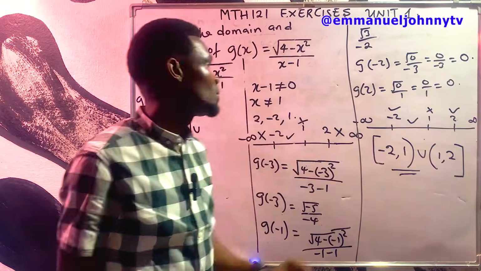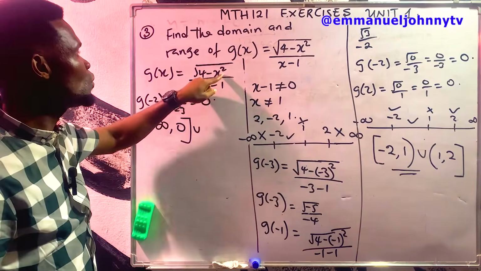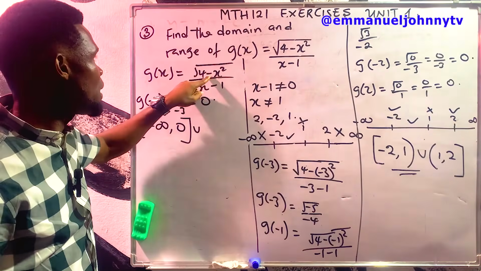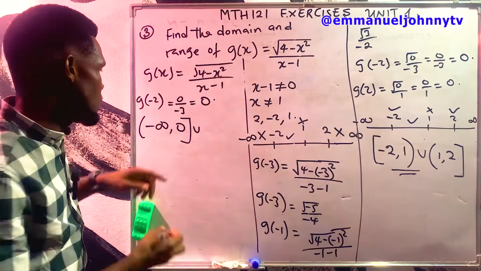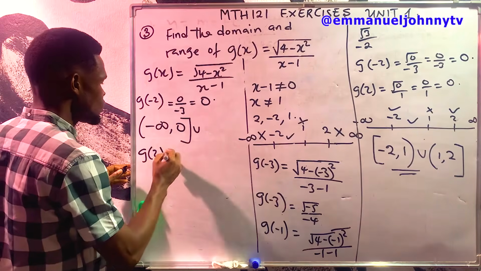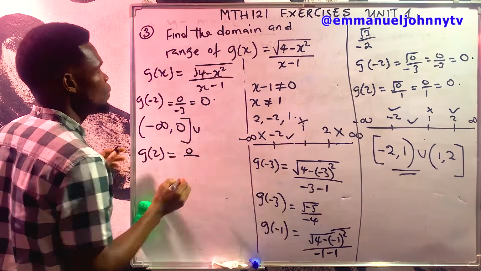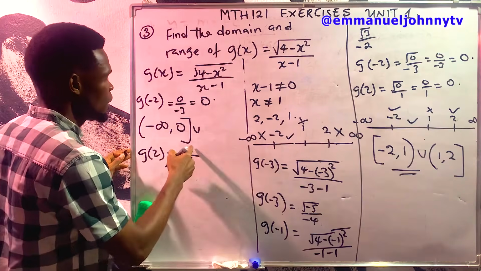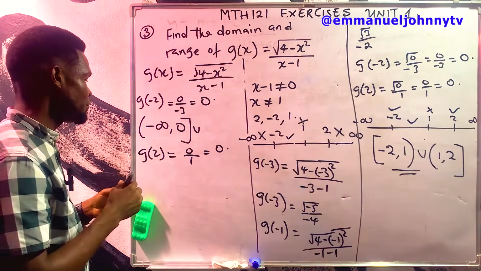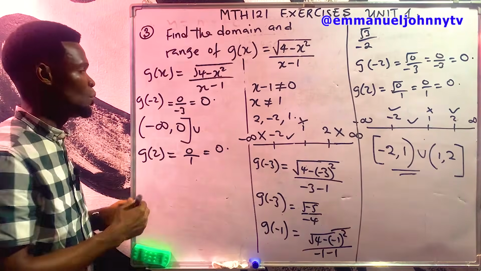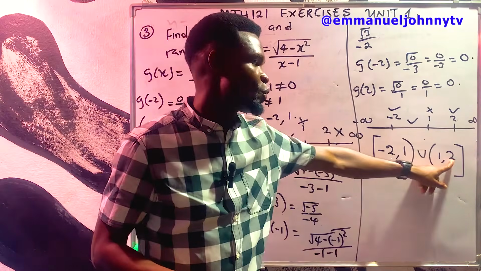Pick 2. Put it into the function. 2 squared is 4. 4 minus 4 is 0. Square root of 0 is 0. So g of 2 will be 0 all over 2 minus 1, which is 1. 0 divided by 1 is 0. So it means that the range will be, look at it, 2 is defined.